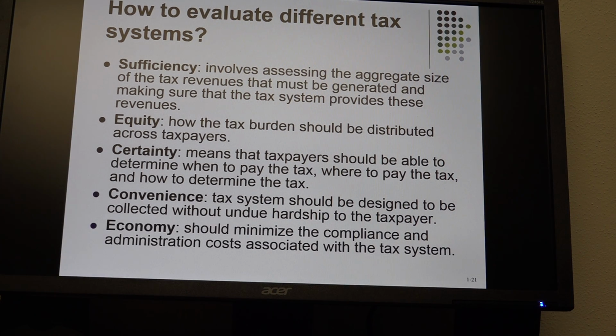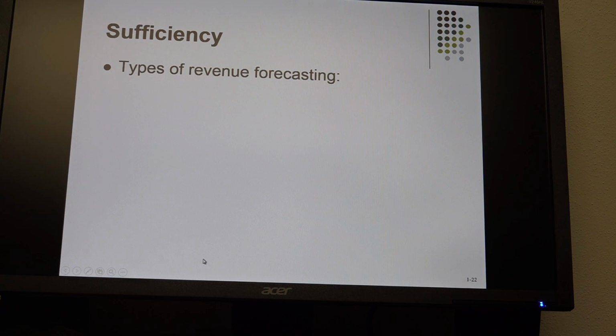Economy is determined by whether or not it minimizes the compliance and administration costs associated with the tax system. Certainly that's not true, depending on what your situation is, but certainly high-income individuals usually have to pay a lot in administration costs associated with tax compliance, as it's called.